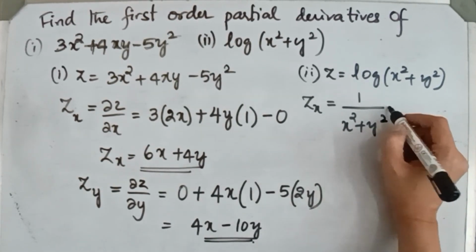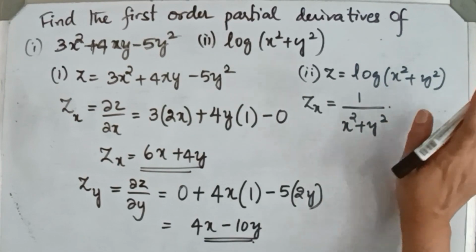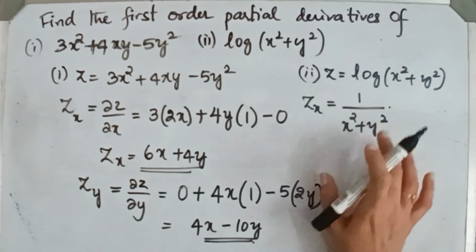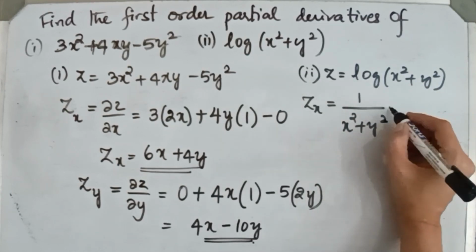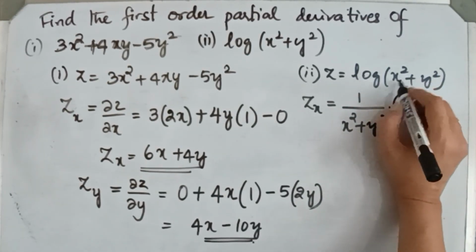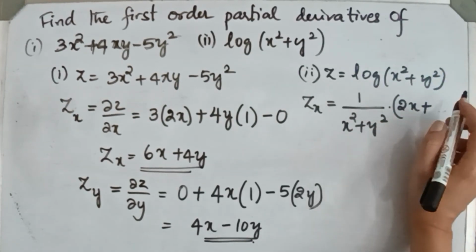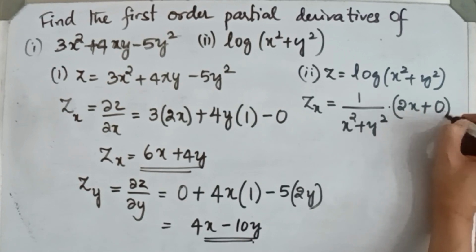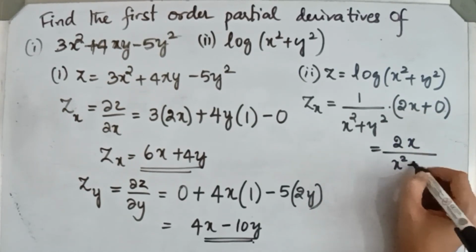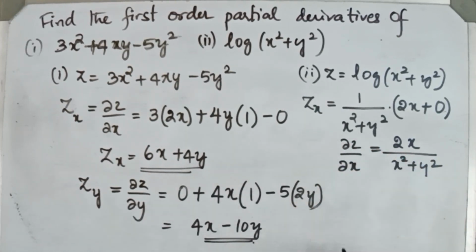The only difference is that while differentiating with respect to x partially, keep y as a constant. So the derivative of a log of any value is 1 by that value into the derivative of (x² plus y²). The derivative of x² is 2x, plus y² is taken as a constant, so it is 0. Hence you will get 2x divided by (x² plus y²). This is the first partial derivative of z with respect to x.